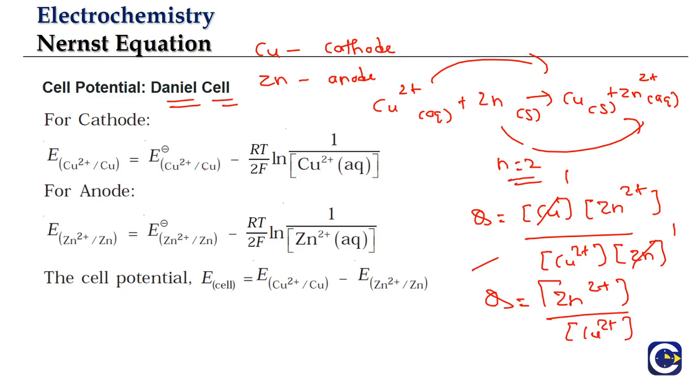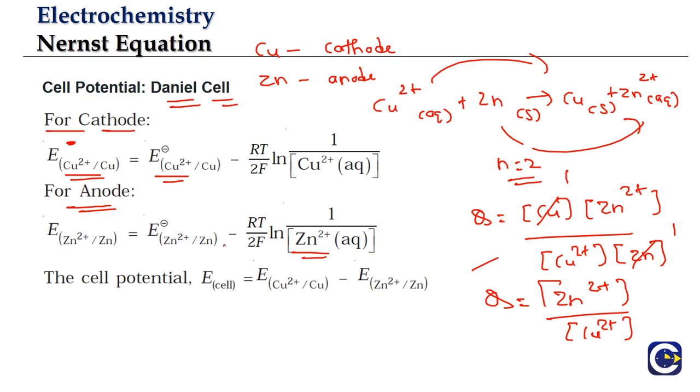Now let us come back to the individual electrode potentials. If you look at the cathode potential, E for the copper electrode will be E naught for the copper electrode minus RT by 2 into F ln 1 by concentration of copper ions. For the anode part, E is equal to E naught minus RT by 2 into F ln 1 by zinc 2 plus ion concentration.